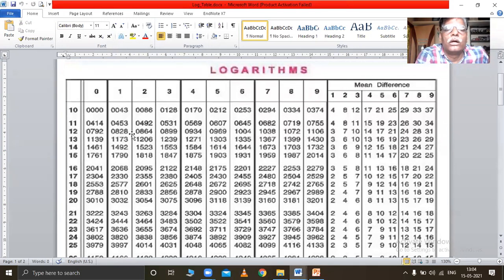To this number you add 24. Sorry, the 7 column value is 24. You add 24. 0828 plus 24. What is the answer?